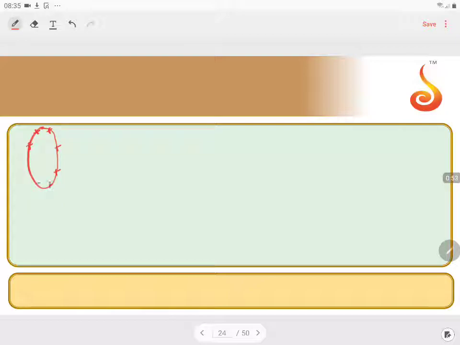The total charge on the ring is Q, and the distance of the point P, where we have to find the electric field due to this charged ring, is X. Say the radius of the ring is R.